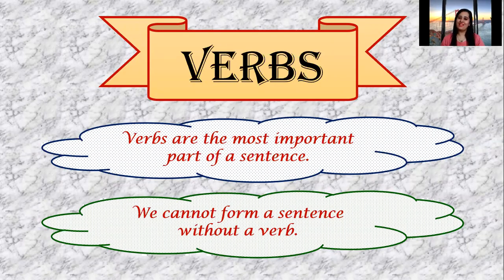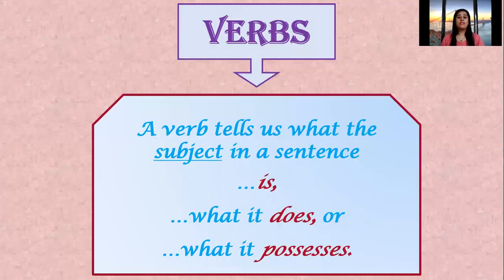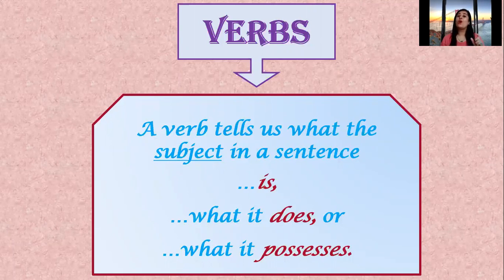Now, let's understand its meaning. Verbs. A verb tells us what the subject. Subject, remember, a sentence has two parts, subject and predicate. Subject is what we are talking about or whom we are talking about.